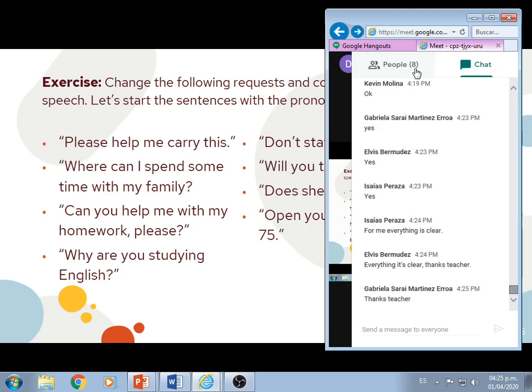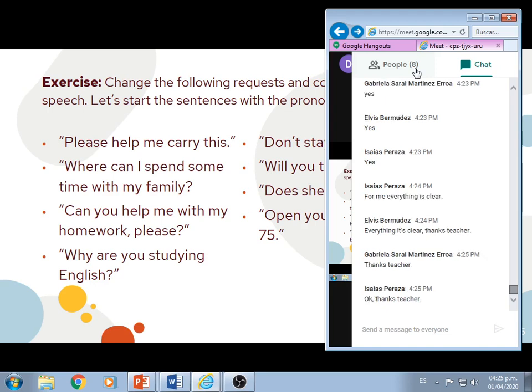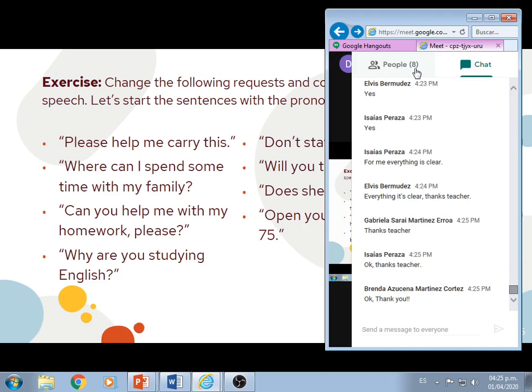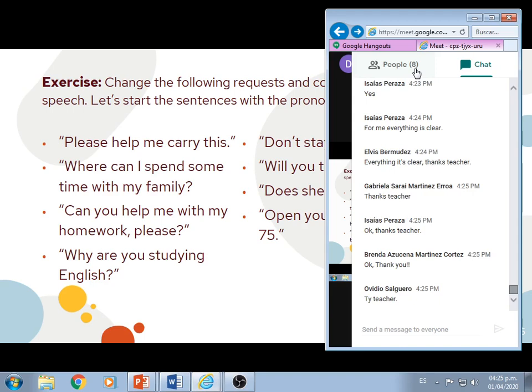Okay, and I guess everything was more productive than in the previous class, so that's why I wanted to do that at the beginning, to review and to have a better idea, first of all, what the use of determiners and the -ing form is, and then the use of reported speech.